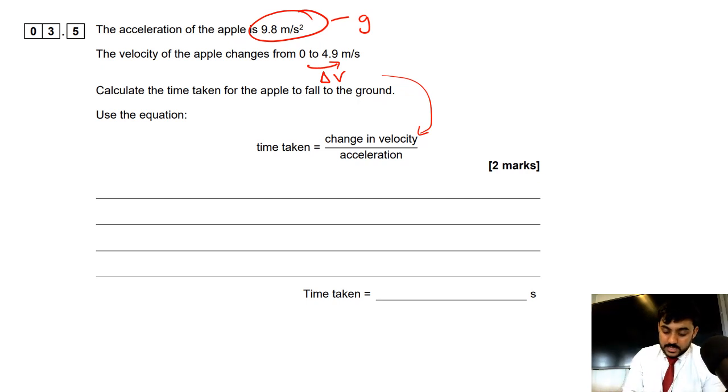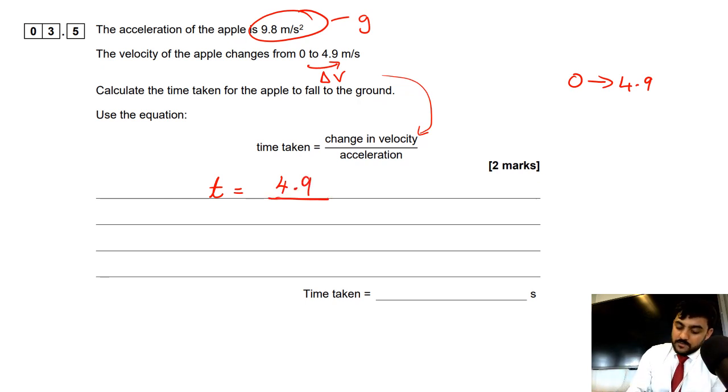We need to say the time taken, t, is equal to change in velocity. Going from 0 to 4.9, what's the change? The change is 4.9 meters per second divided by our acceleration, which is 9.8. 4.9 divided by 9.8.